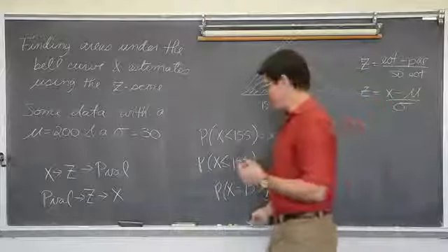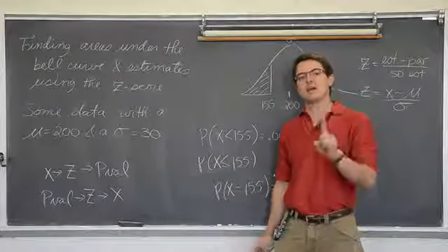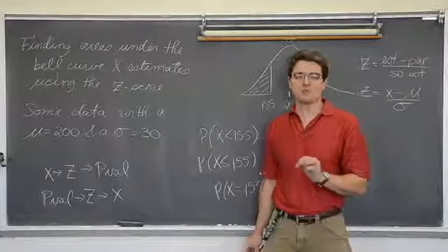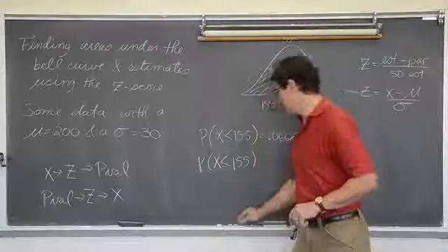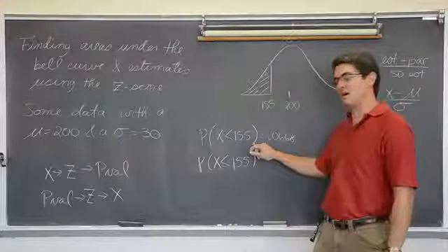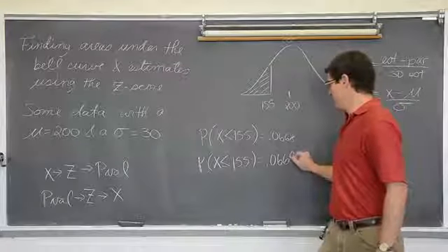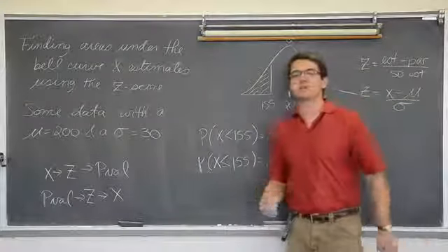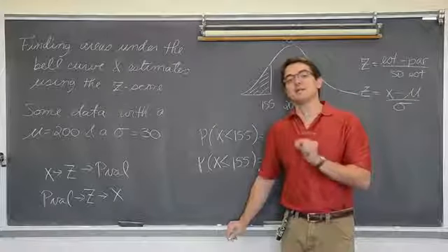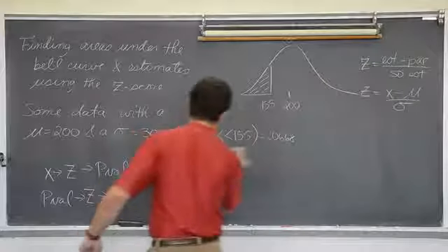When you're talking about bell curve calculations, the probability of observing one specific outcome is always 0. So, the probability of observing a value less than 155 is the same as the probability of observing 155 or less. You have to use the proper notation for the wording of your question, but it will not change your answer. Bam! All right, moving on.